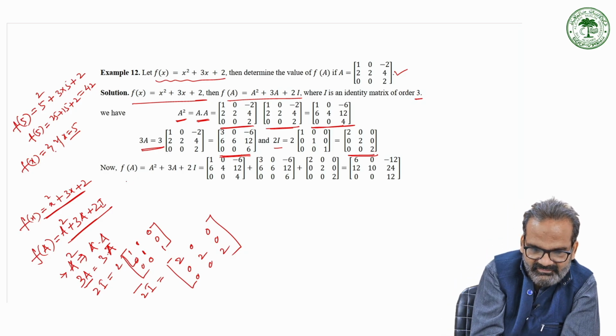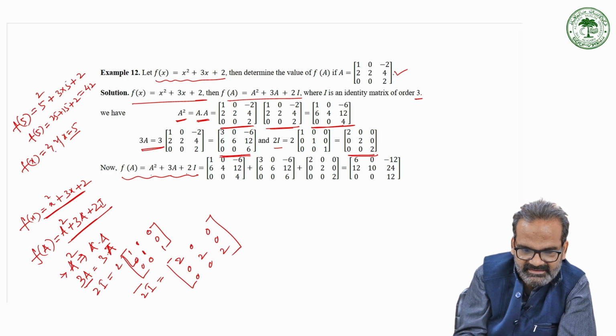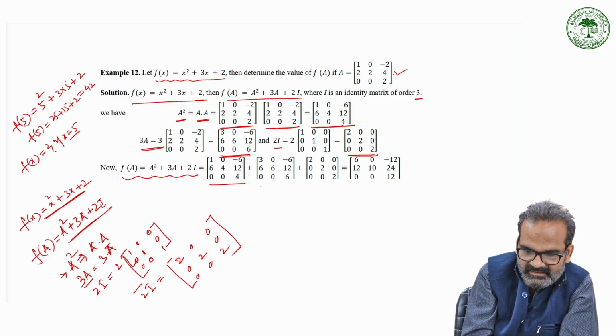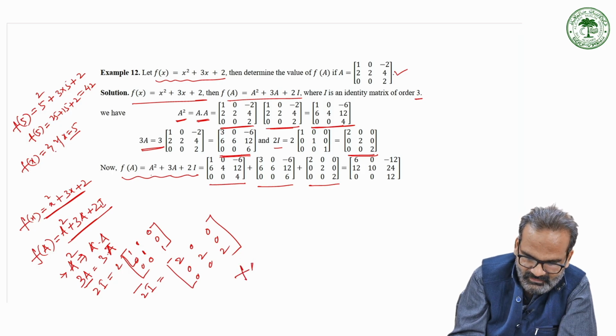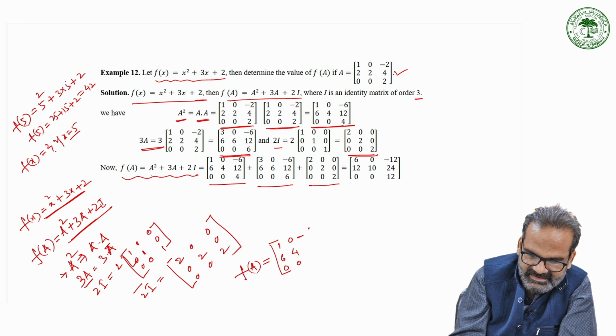Now the value of f(A), we know this, A square plus 3A plus twice of I. This is A square, this is 3A, this is twice of I. Say f(A) is what? A square means, let us do the last line, 1, 6, 0, 0, 4, 0, minus 6, 12 and 4. This is your A square, plus 3, 6, 0, 0, 6, 0, minus 6, 12 and 6.